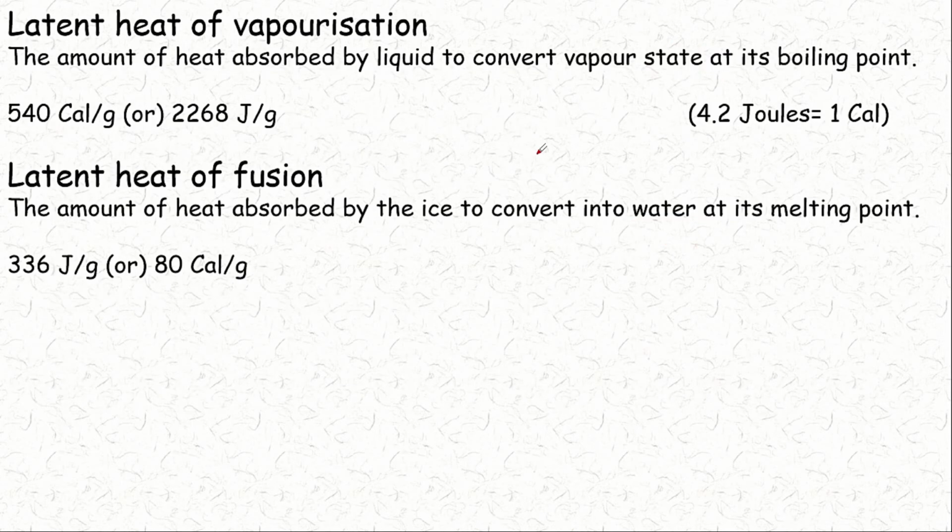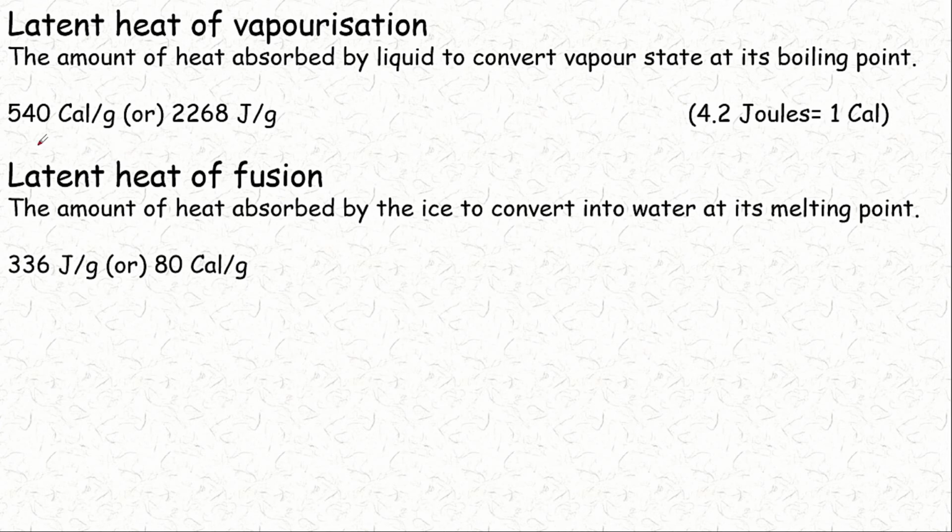Next, latent heat of vaporization. It means the amount of heat absorbed by liquid to convert into vapor state at its boiling point. When liquid is converted into a vapor state, it needs to absorb some heat. That heat is known as latent heat of vaporization.